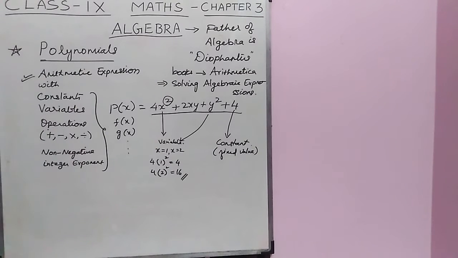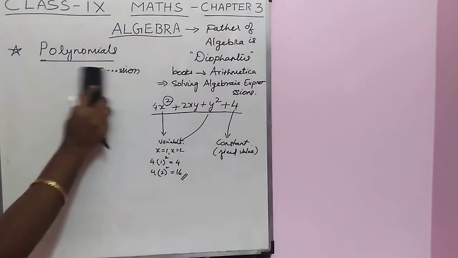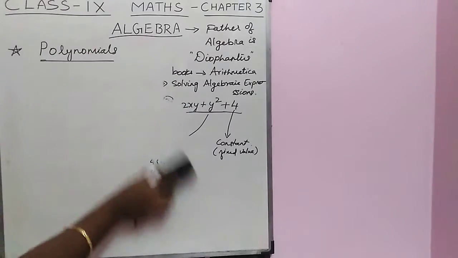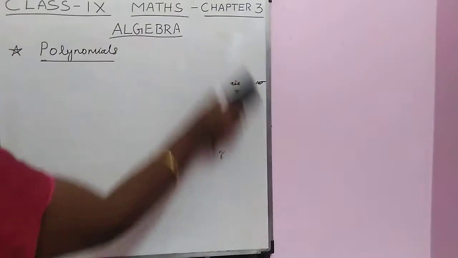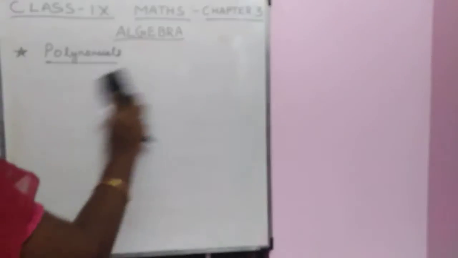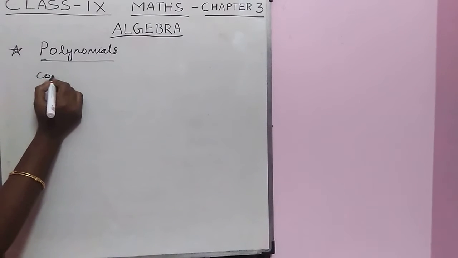That's all with the polynomial we have seen. You have another thing called coefficient.